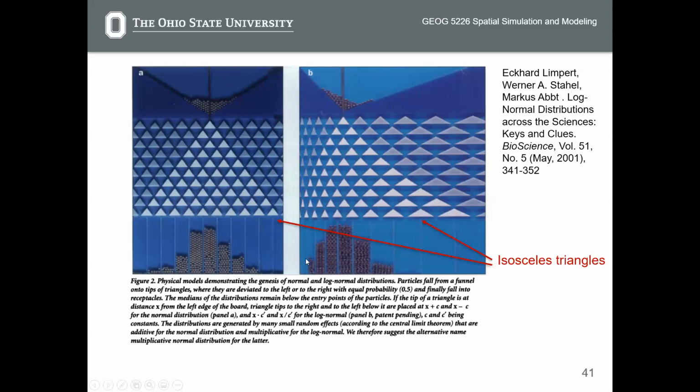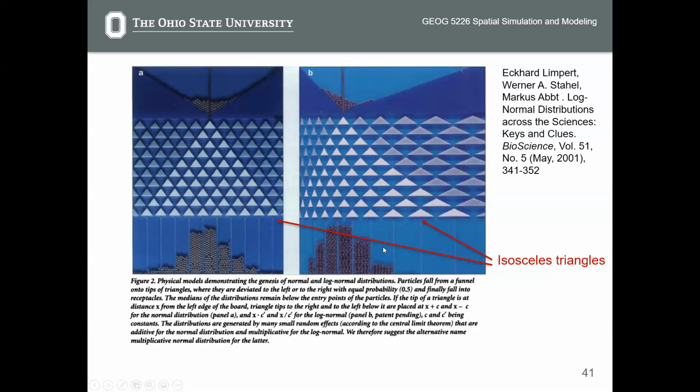So eventually we have this normal-like distribution, but not normal, with a long tail on the right side. So this is called log normal distribution, because if you calculate the logarithm of the log normal distribution, you will have the normal distribution.